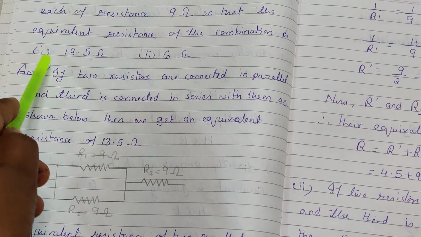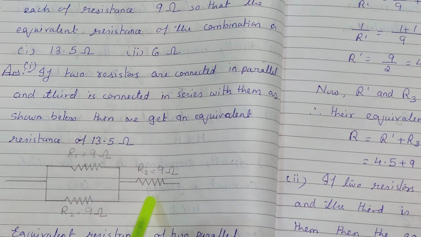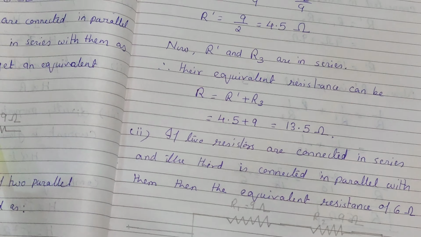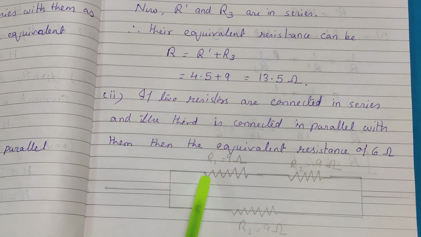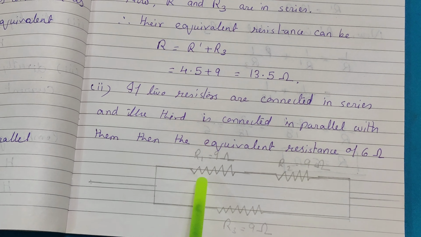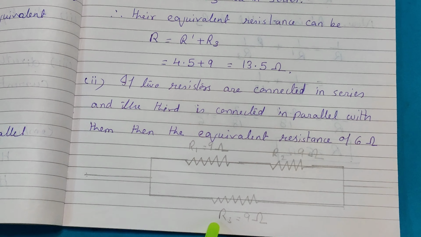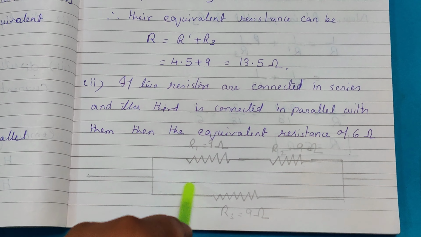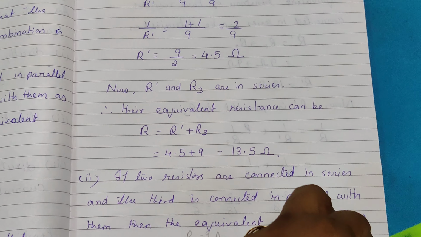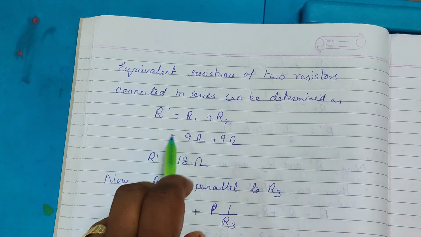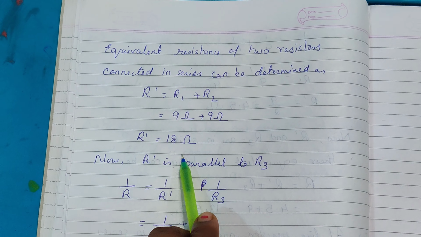So how do we get this answer? By connecting 2 resistors in parallel and 1 in series. Now let us find how we will get 6 ohm. We add 2 resistors in series and keep the third in parallel with them. Then r dash equals r1 plus r2, 9 plus 9, which equals 18 ohm.